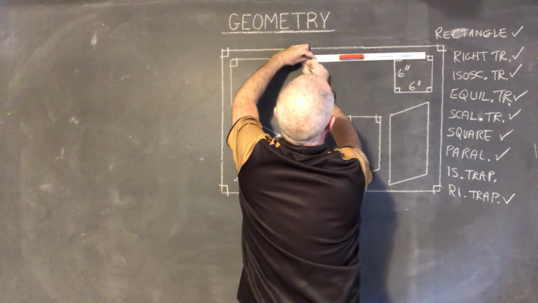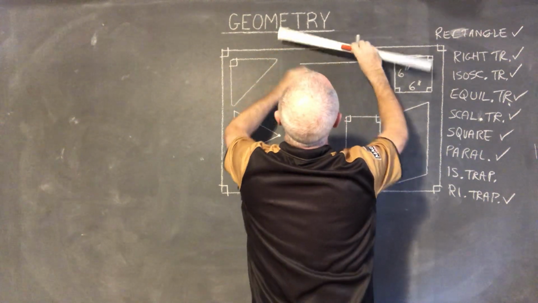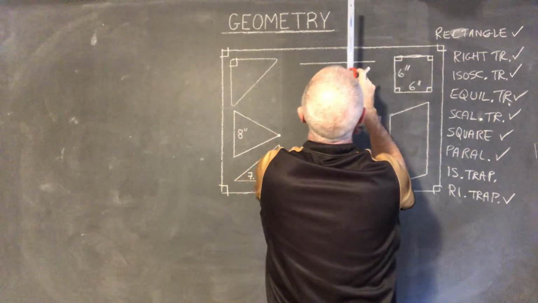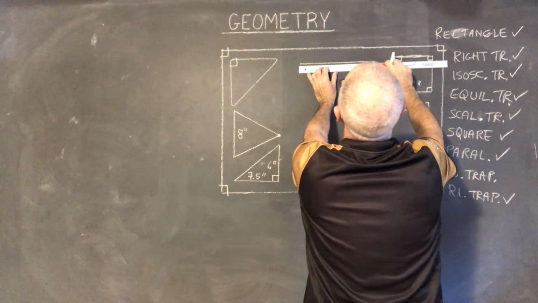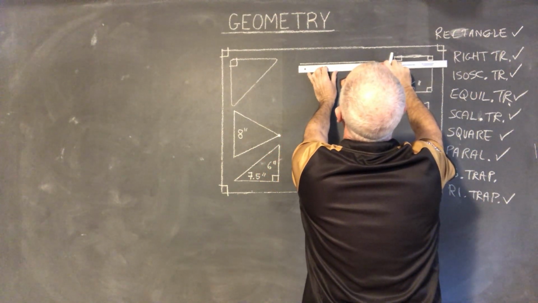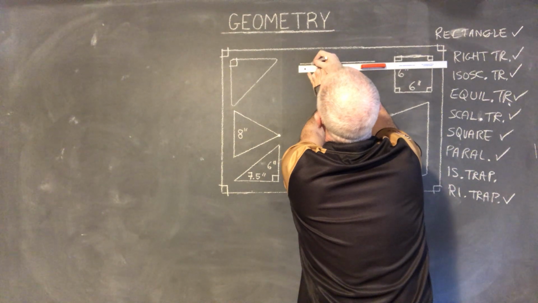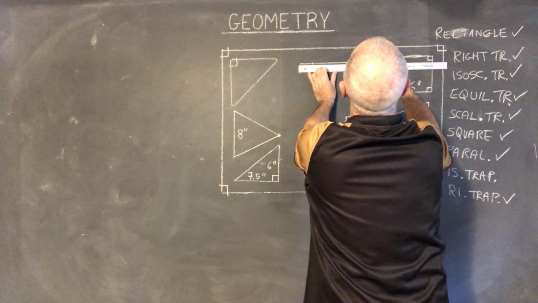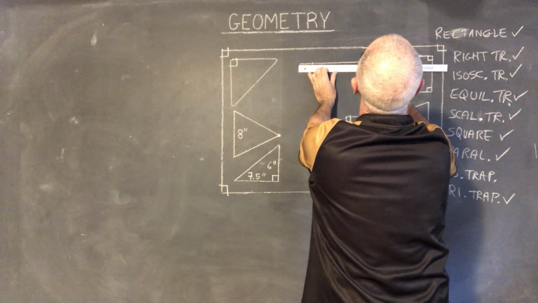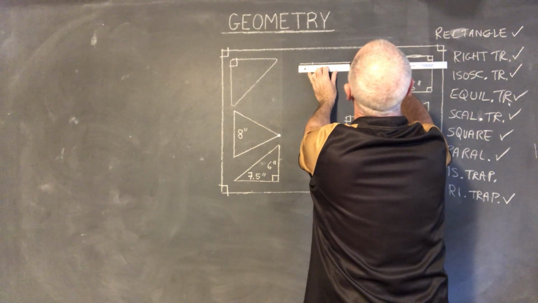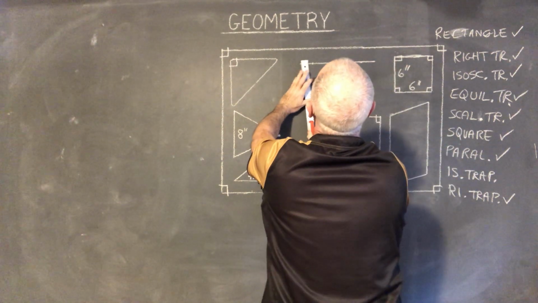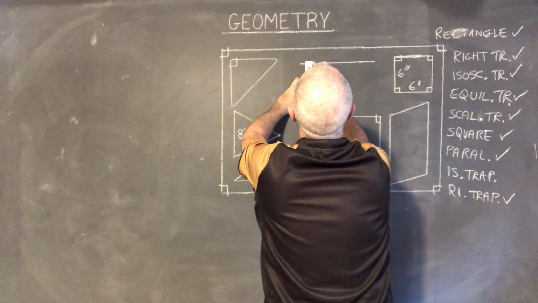Isosceles. Now that's tricky. That's tricky because I want to make sure that the small base is centered. So I'm going to cut 2 inches off of each end. Can't see. There. Okay.